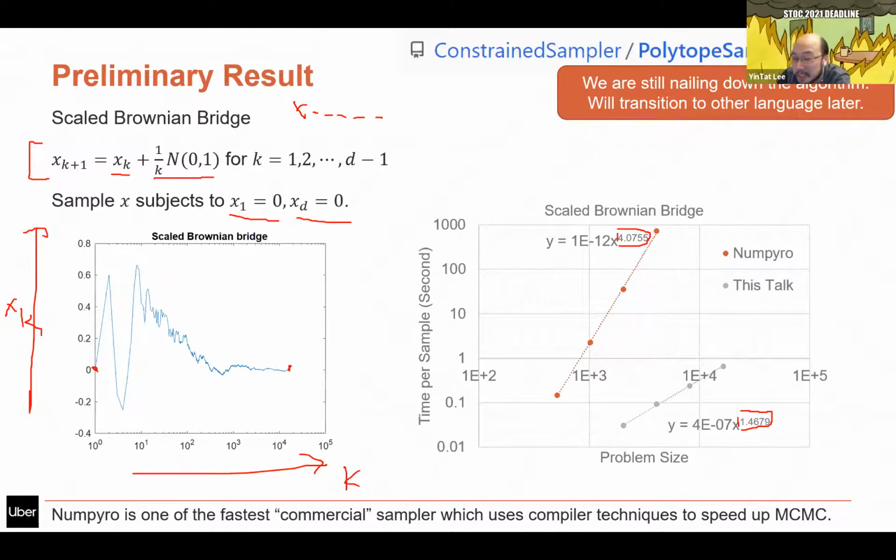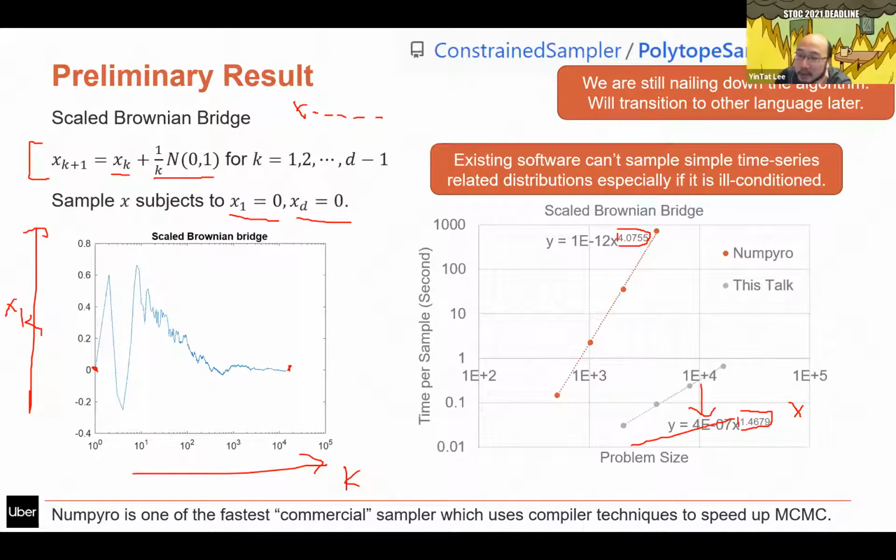I suspect there are still many details of the algo that can be nailed down. I believe one day we can make it more like x instead of x to some other exponent, and the curve should be even lower. But we are still implementing. For example, if we transition to C, then at least the running time will improve by a few factors.